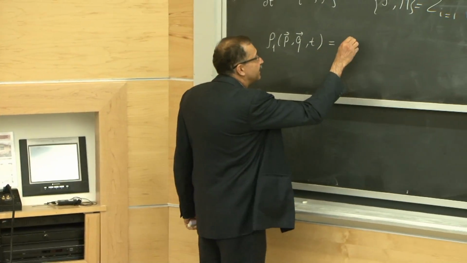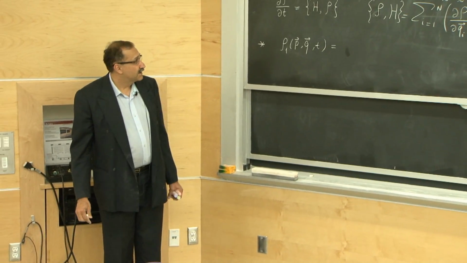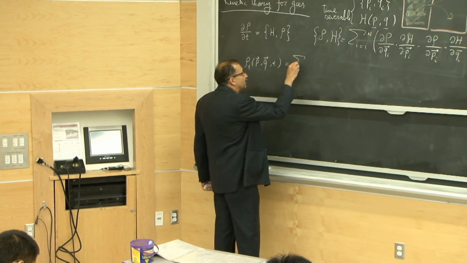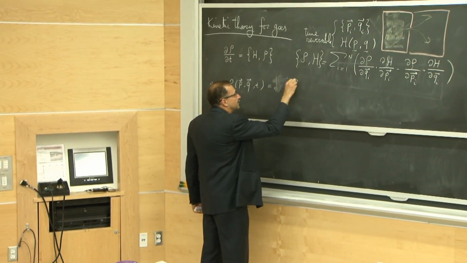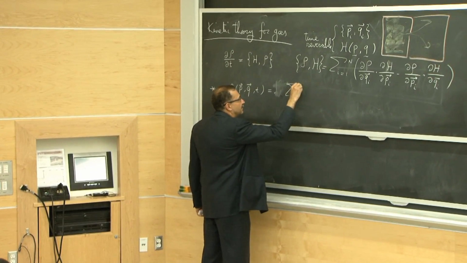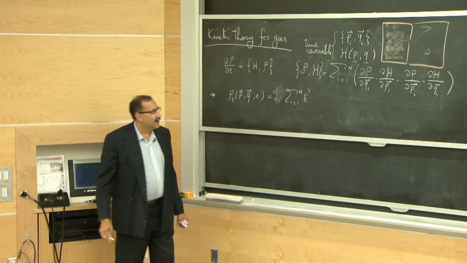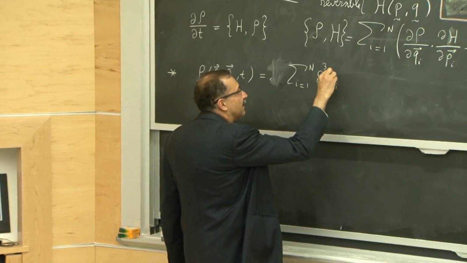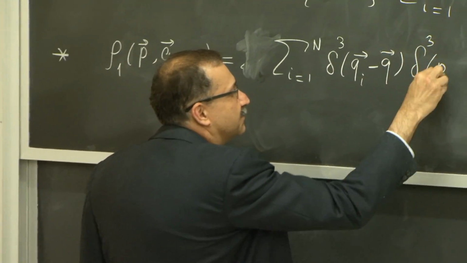I said I don't care which one of these particles is contributing. So that means that I have to sum over all particles and ask whether or not at time t there is a particle at location q with momentum p.